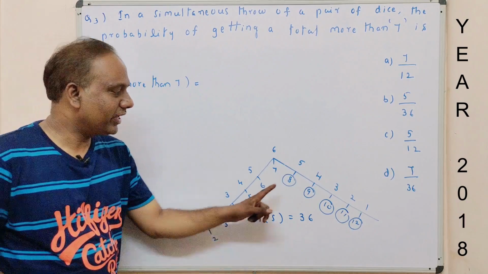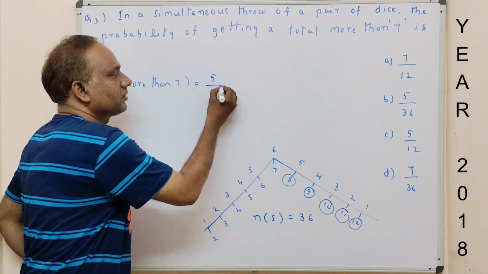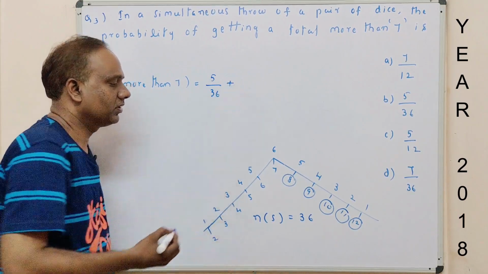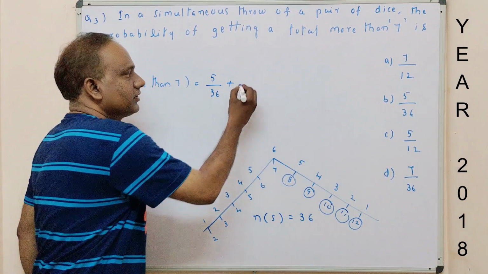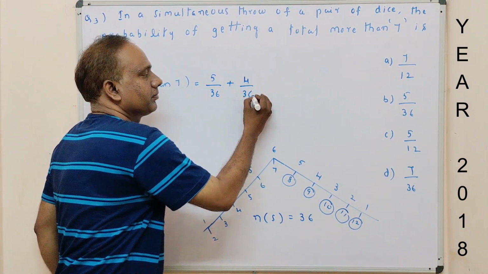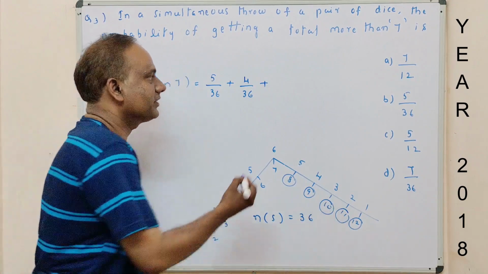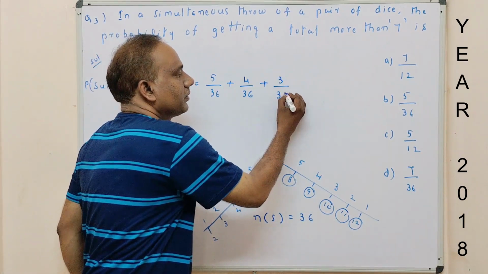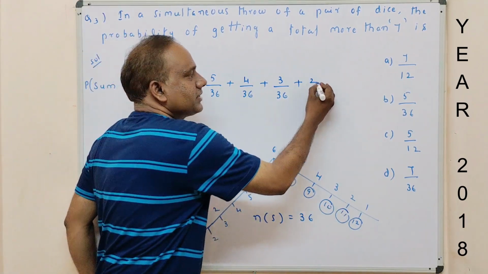So the probability of getting 8 is 5 by 36. Sum 9 means 4 by 36, plus sum 10 is 3 by 36. Sum 11 is 2 by 36.